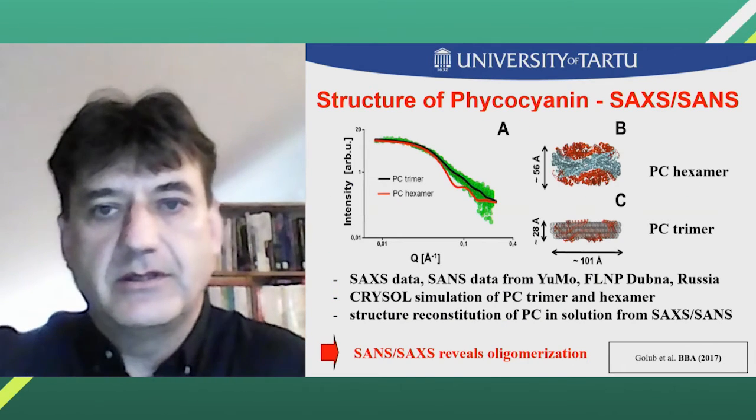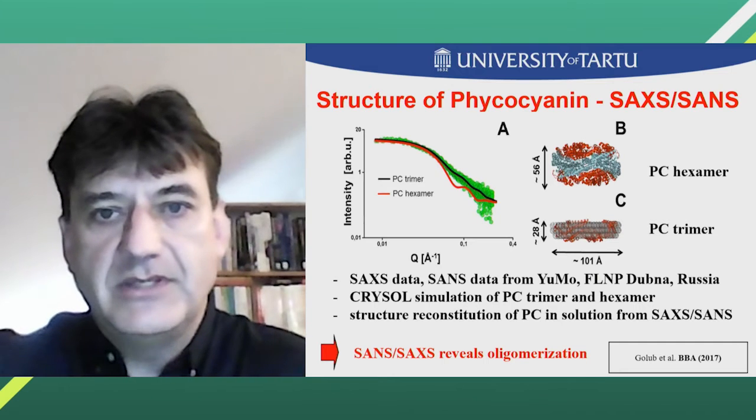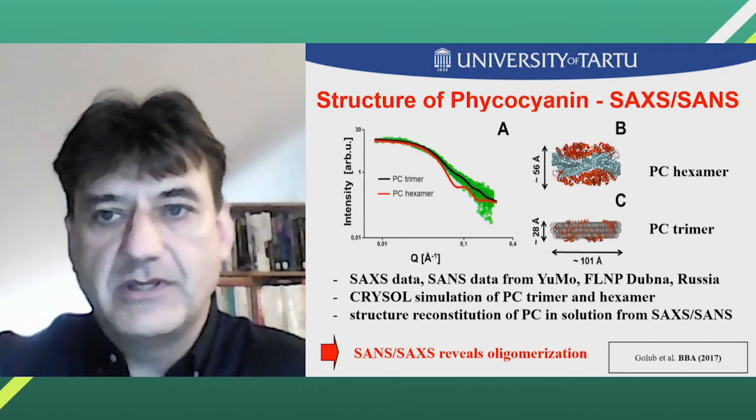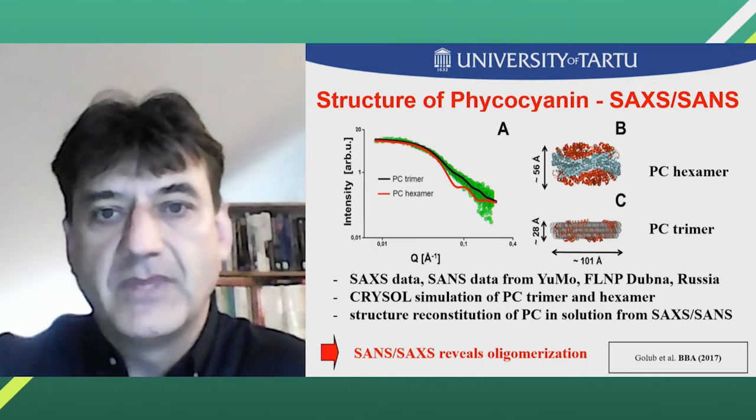And I use Phycocyanin as an example. You see here it can occur as a hexamer or a trimer.